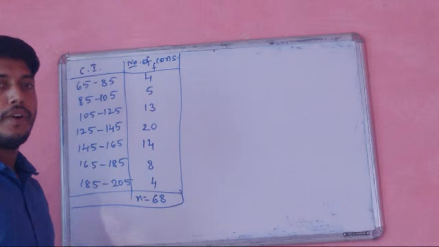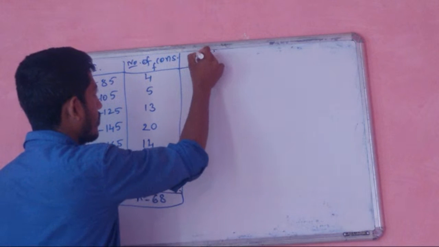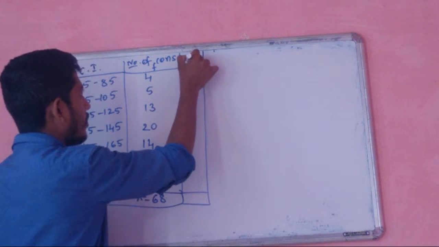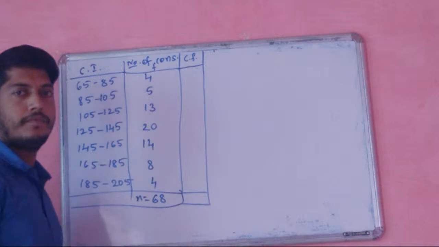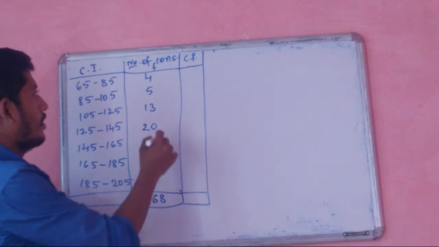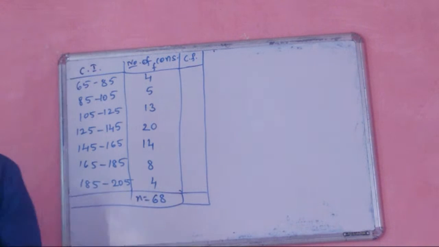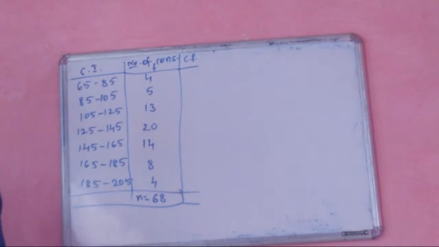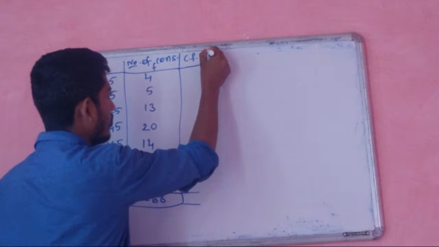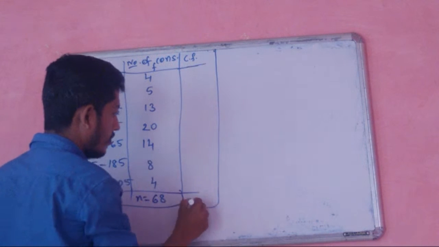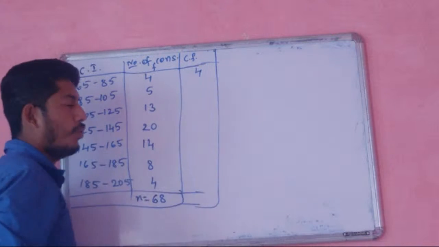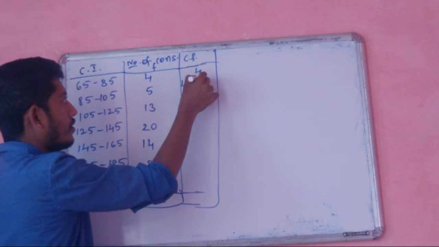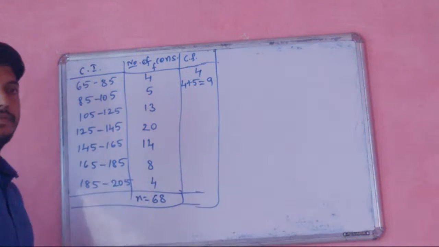Now I will find out the cumulative frequency. First value as it is, 4. Then 4 plus 5, it gives 9.